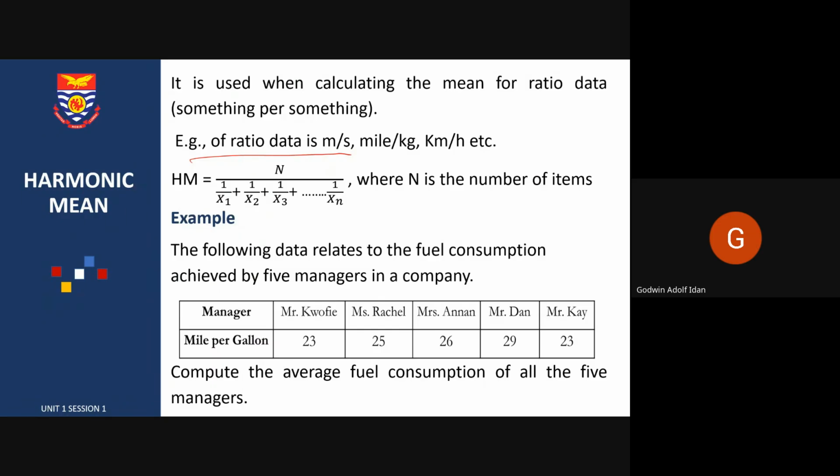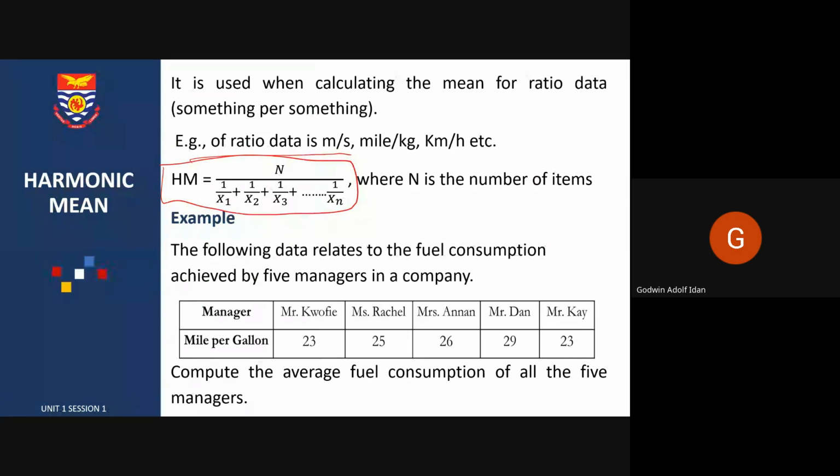the mile per kilogram, kilometer per hour, and the rest, then your formula is changing. Now, the formula is now changing to this, where you are going to find the reciprocal of the arithmetic mean. You are only turning the arithmetic mean upside down.